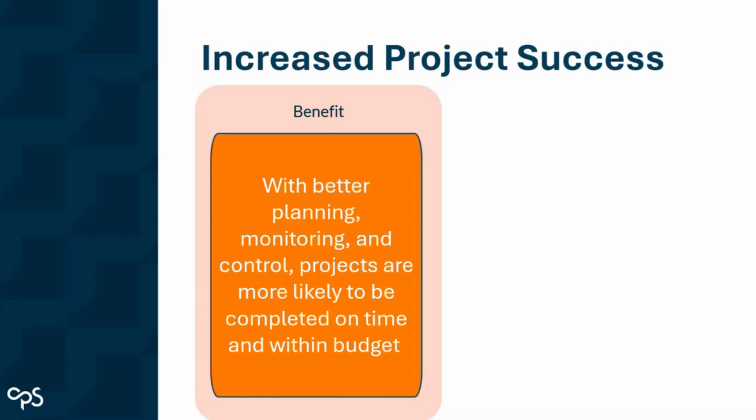Obviously, it's a nice statement. With better planning, monitoring, control, projects are more likely to be completed on time and within budget. What does better mean? If we've got a planning method at the moment and that planning method works, we're going to improve how.